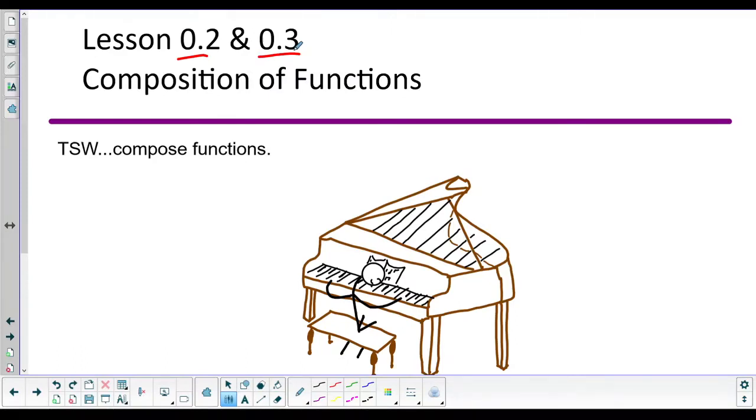Normally lesson 2 is just regular composition functions, and then 3 we include evaluating functions with that. So we're just going to learn composition functions and how to evaluate them all in one video to save a little bit of time. Okay, so let's go ahead and dive into it.